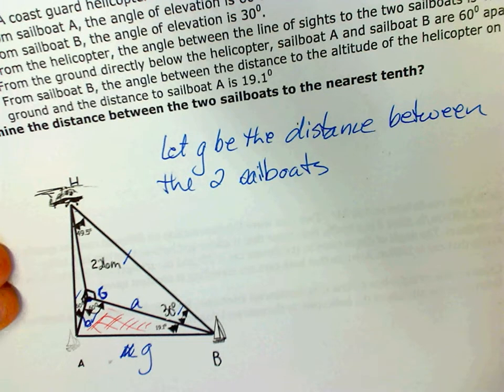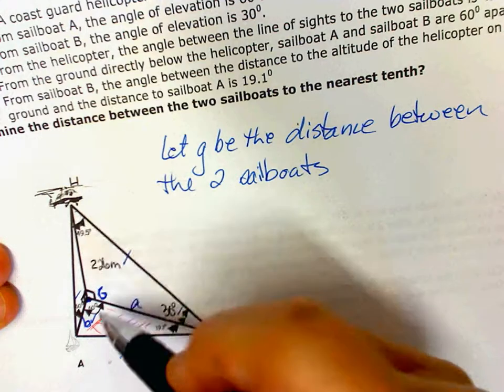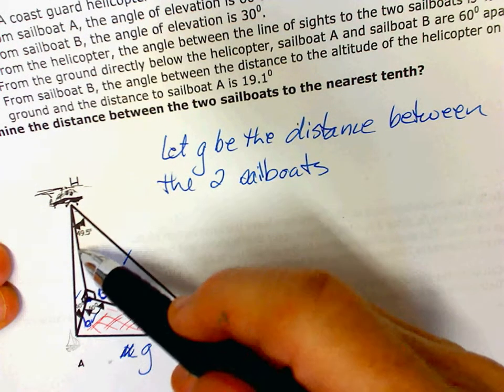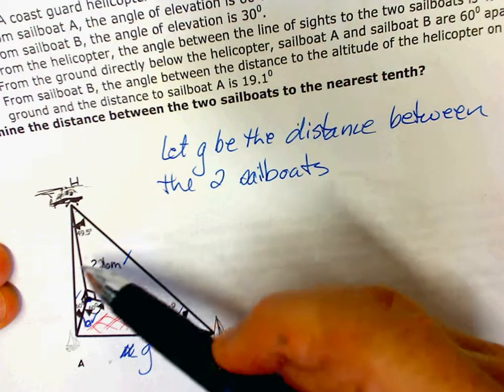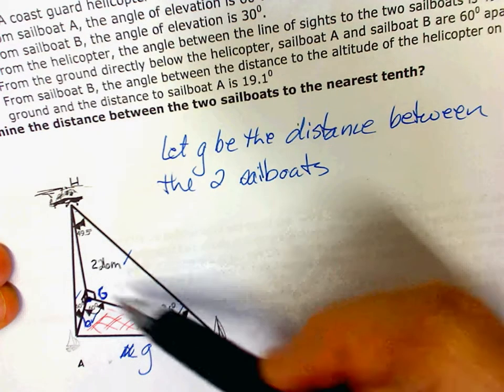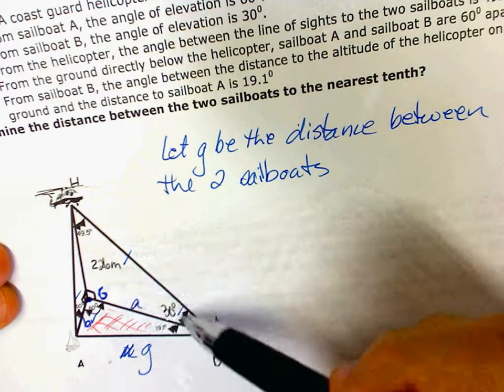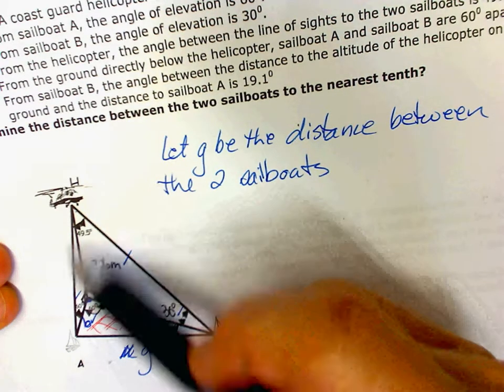Okay, any ideas? The only measurement of a side we have is the height. We have height, we need that. That's kind of like opposite and adjacent, right? So we'll use tan. This is a right angle triangle, this is a right angle triangle.